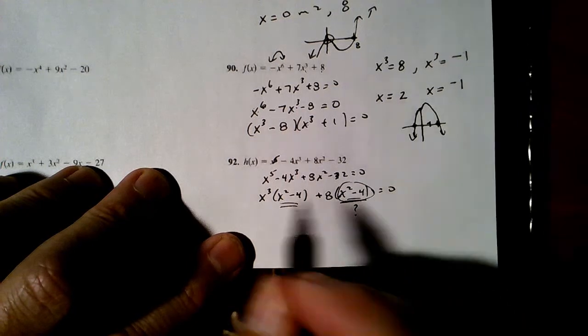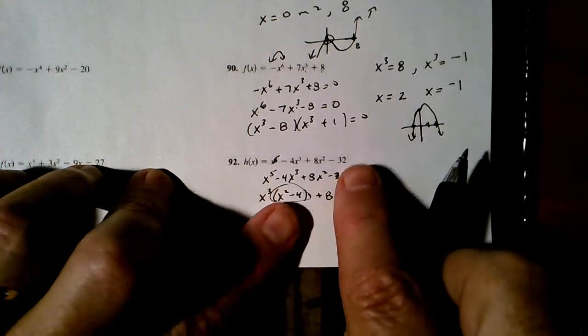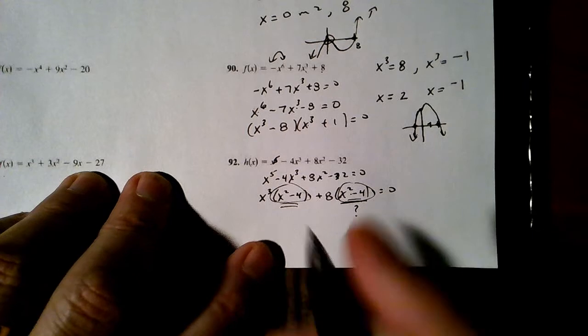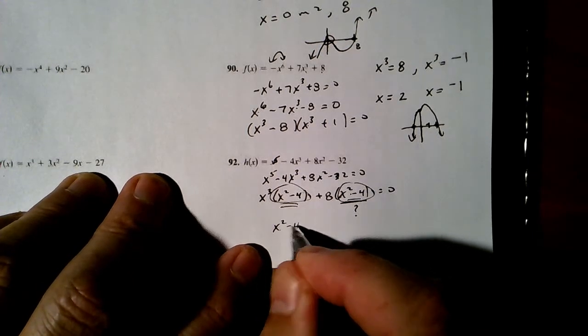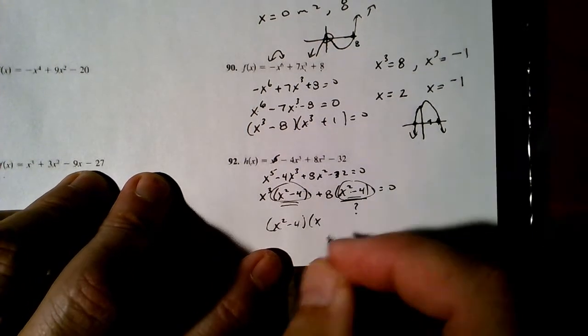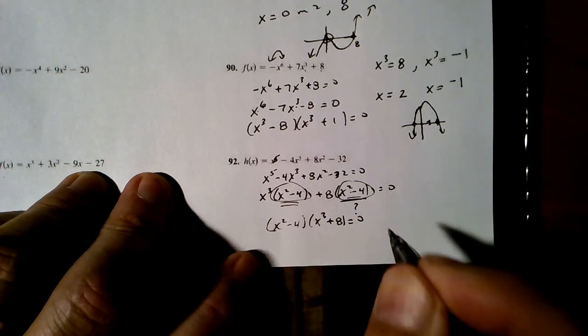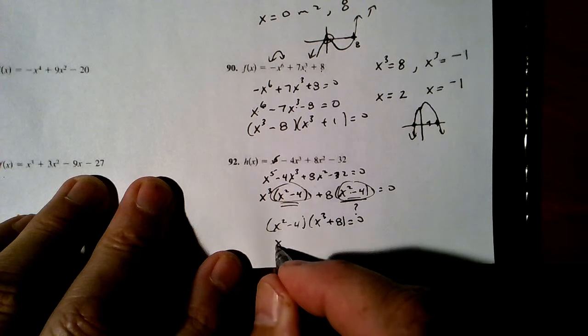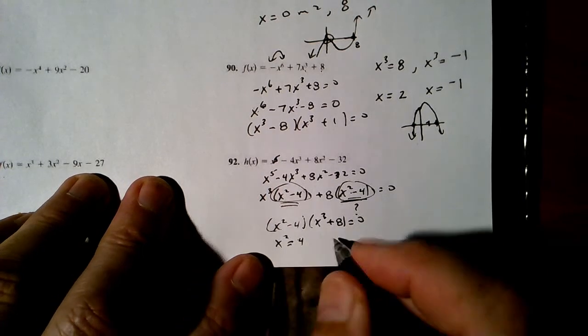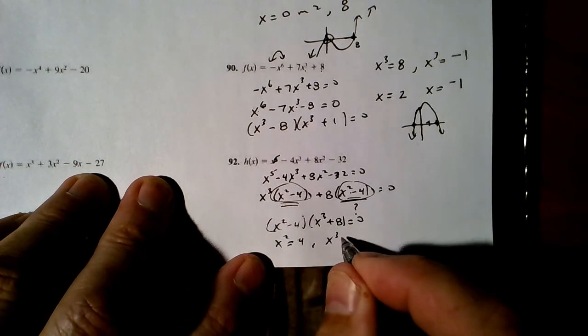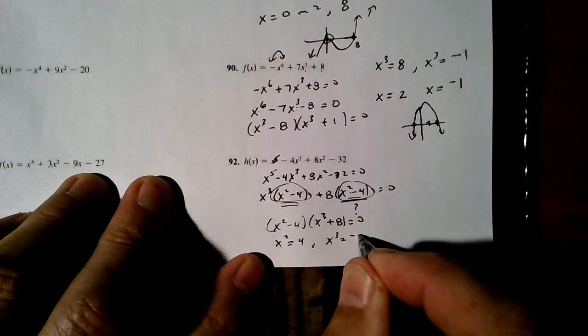Factor out this, and I'm left with x cubed plus 8. So x squared minus 4 times x cubed plus 8 equals 0. Either x squared equals 4 or x cubed equals negative 8.